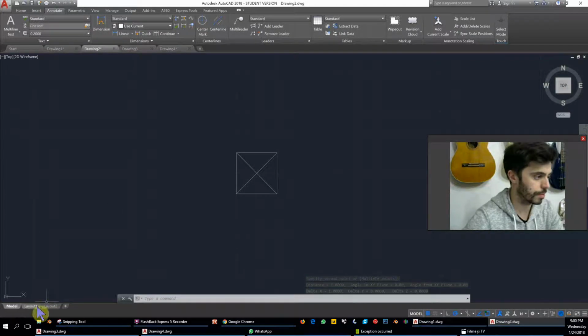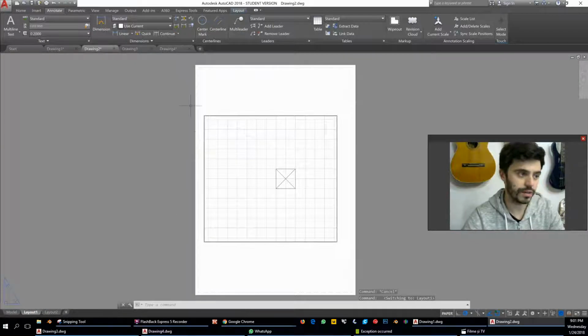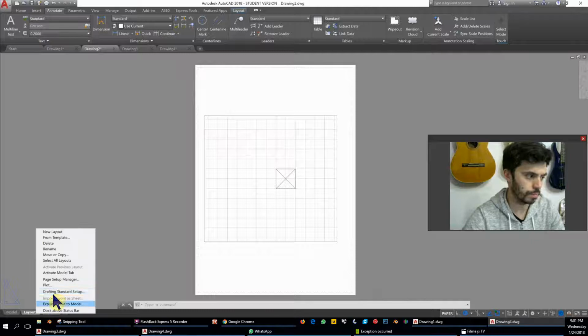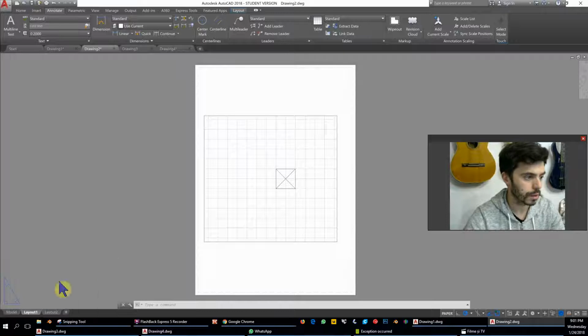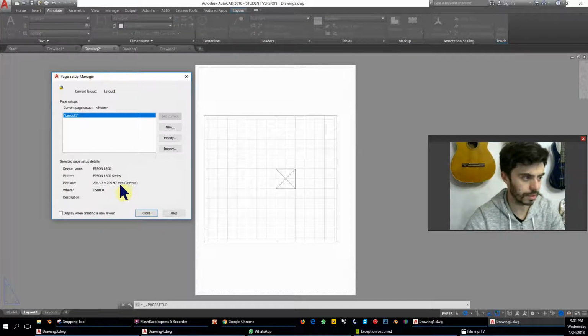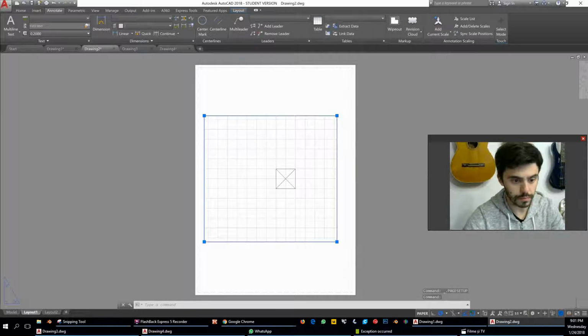And look what happens. If I go to layout, I have an A4 sheet of paper, which is quite close to letter standard. So this is my format. And the viewport is set to 1:1 scale.